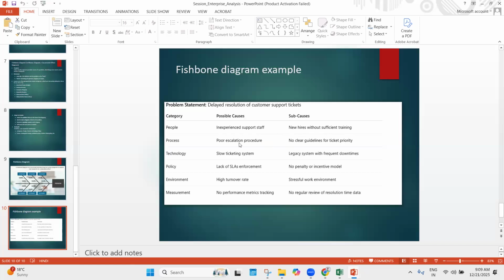For the poor escalation procedure, the sub cause is that there is no specific guidance on ticket priority. And for the slow ticketing system, the cause is that they have a legacy system with frequent downtime.